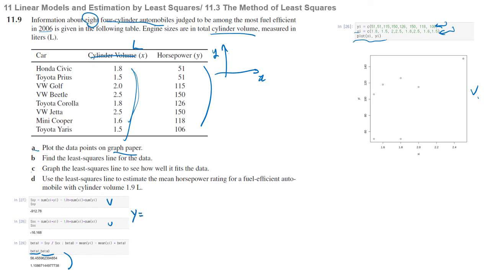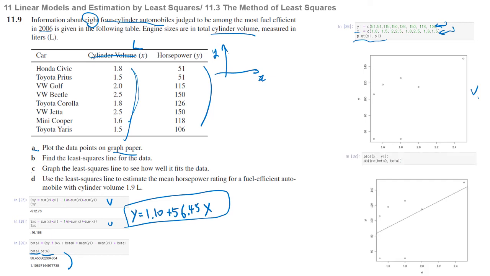Beta 0 is 1.10 plus 56.45x. Okay, so this is the least squares line. And part C: graph the least squares line to see how well it fits the data.